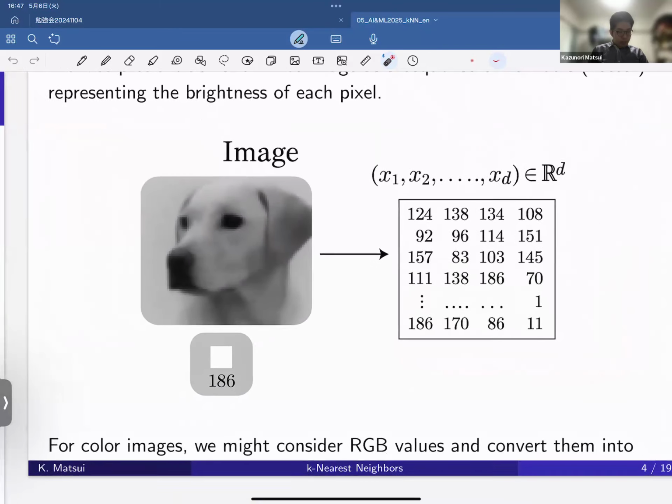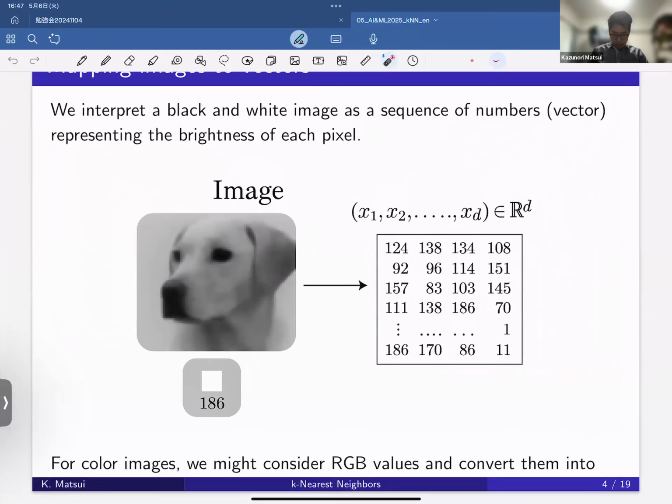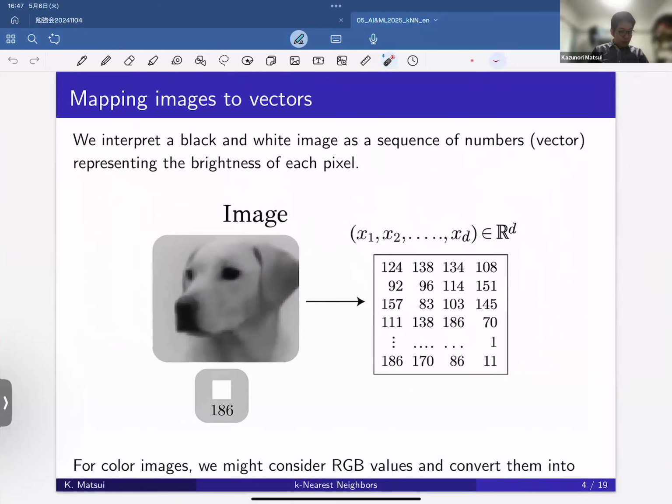as a matrix of numbers. If we arrange these numbers row by row, we create a very large vector. Of course, this applies not only to black and white images, but also to color images. A color image can be divided into RGB values, red, green, and blue information. We can create number tables for each by creating tables for red, green, and blue separately and viewing them as a single vector.